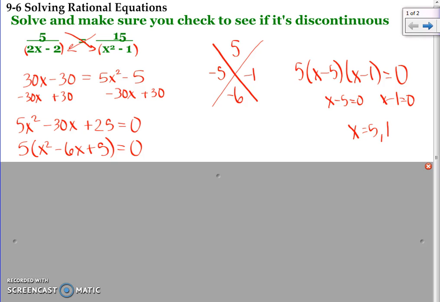So what can we never have in the denominator of a fraction? 0 is bad, okay? So we have to check to make sure that these numbers don't give us 0 on the bottom. So does 5 give us 0? If we put 5 right here, do we get 0? No. What if we put a 1 right here? Yes, we get 0. So 1 is not an option, only 5 works.